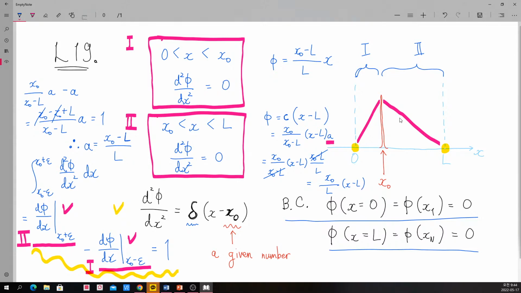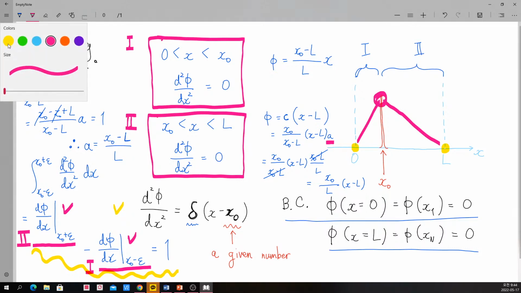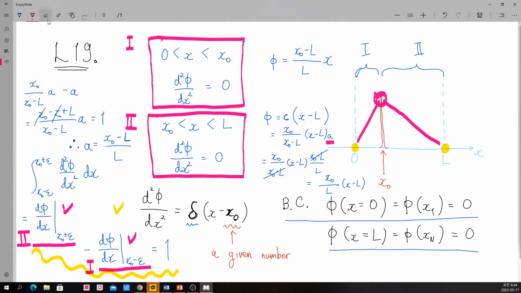Of course, our question now is, what is the value of our function at here?